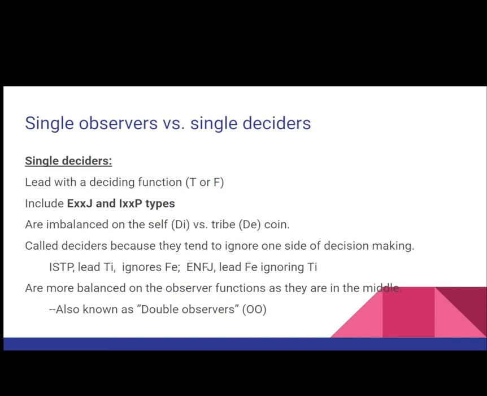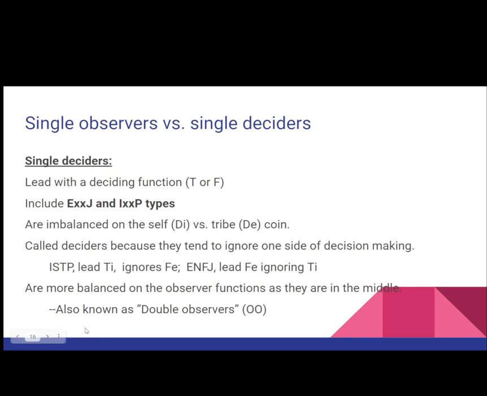So if they're leading with TI, for example, like an ISTP would, their primary focus is going to be on what's logical for me, what makes sense to me, what works for me, but they might be ignoring that spectrum of tribe values. And then ENFJ, on the other hand, is going to be the opposite, with lead FE, with a tendency to ignore the TI side.